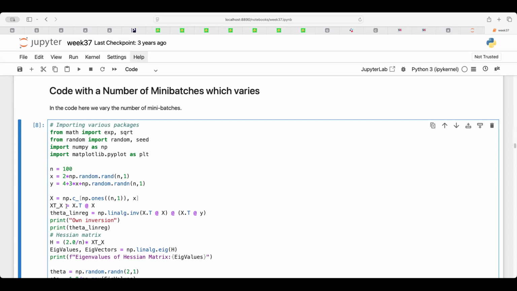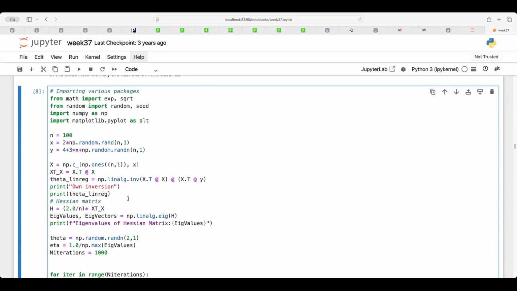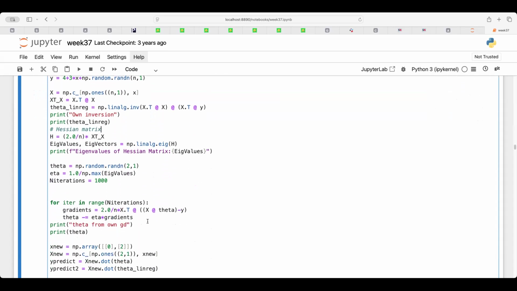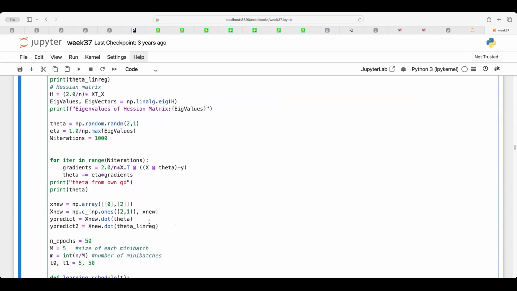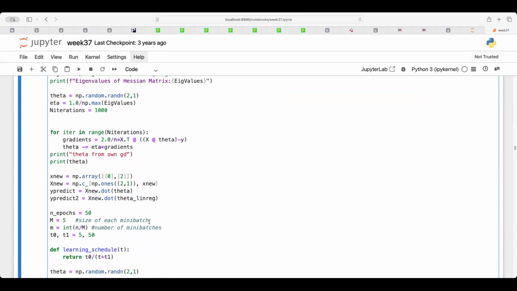We are simply setting up the design matrix, and then we invert X transpose times X. This is the inversion which we do. We can do our own gradient descent without stochasticity. But let's now look at how we can do this for stochastic gradient descent.